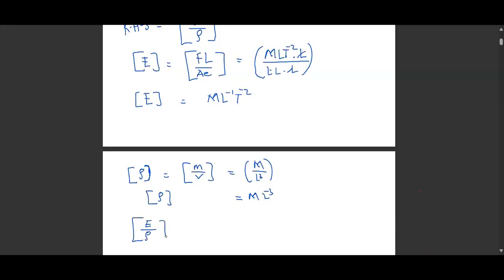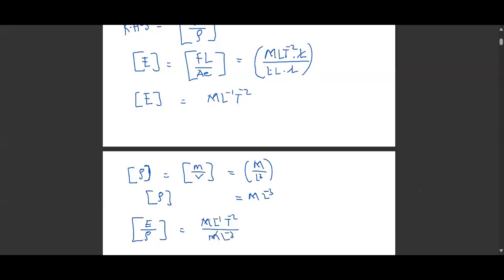Now we come and find the dimensions of E divided by rho. The dimensions of E are M L power negative 1 T power negative 2, then divided by the dimensions of rho, which is M, capital M. Don't change here, because capital M stands for the dimensions of mass. If you use a smaller m, it becomes something different, and it has to be cancelled out. Then we have L power negative 3 here.